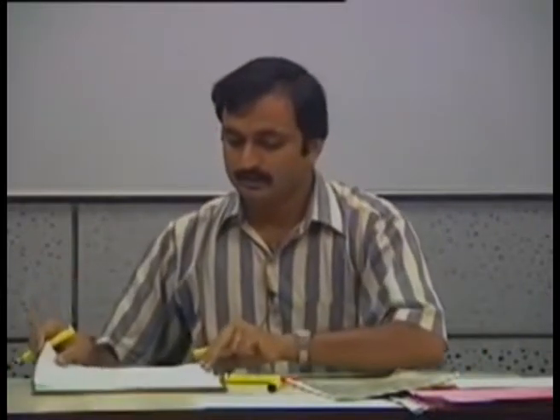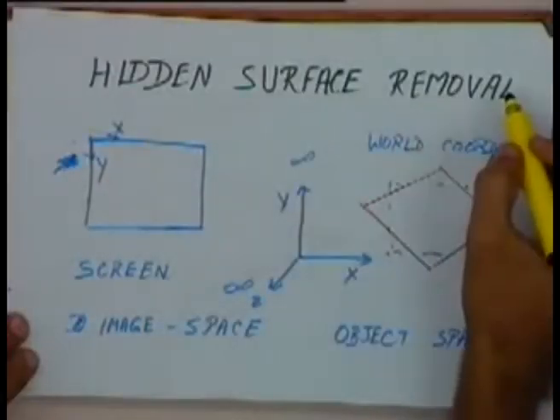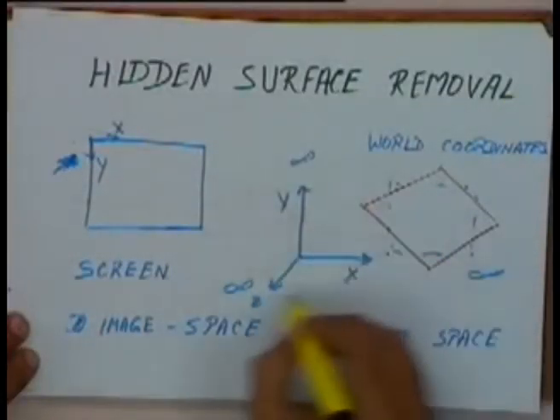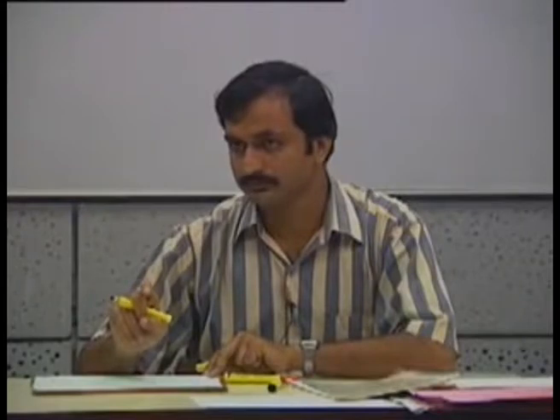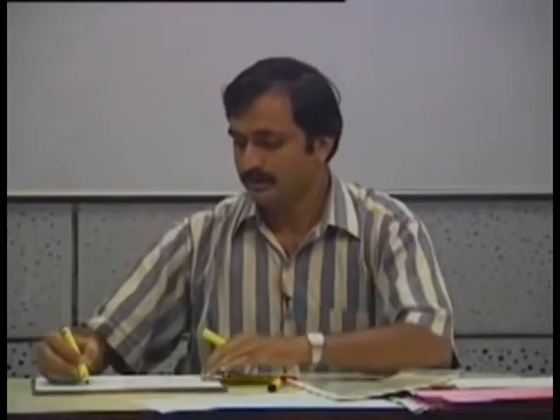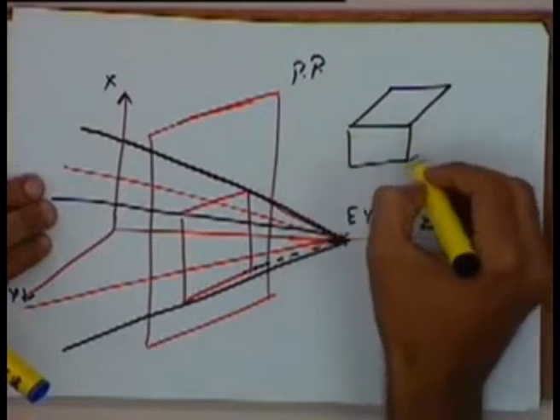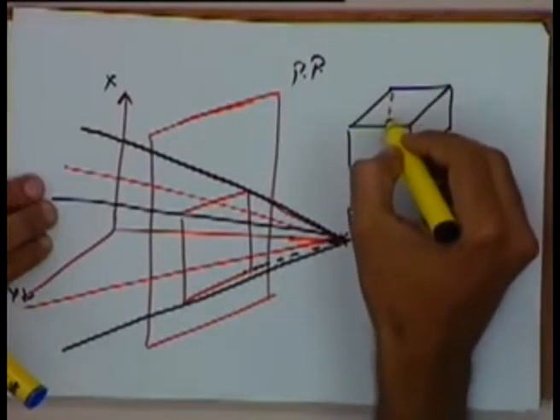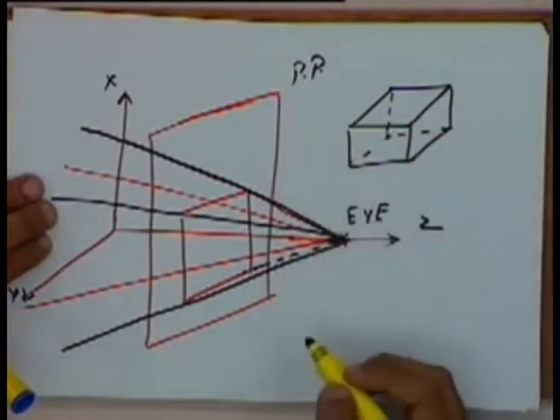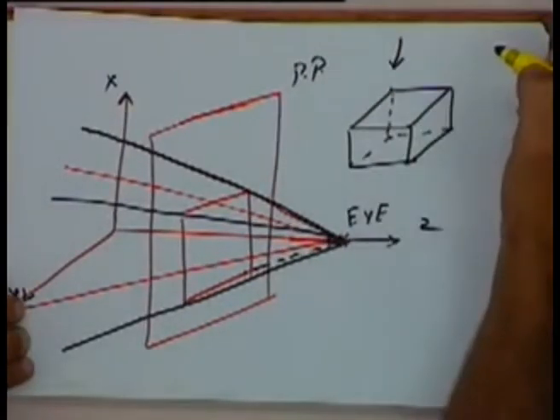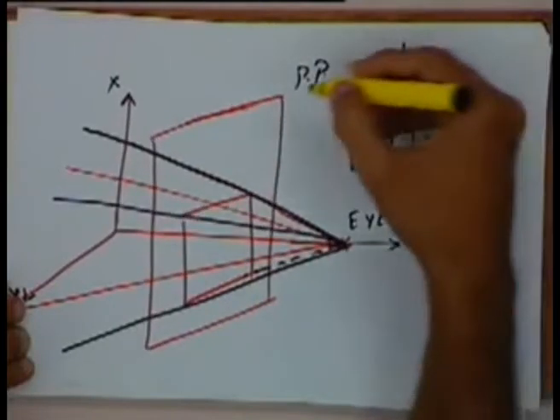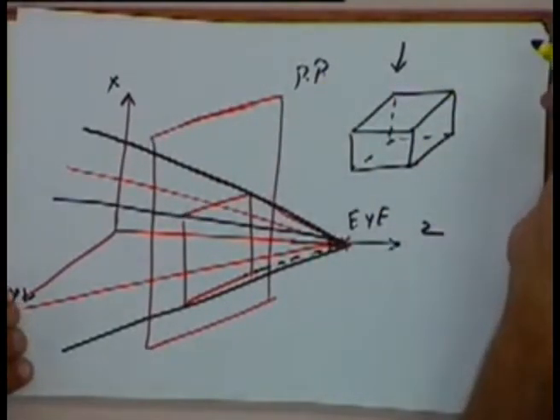Is that alright? That is why whenever we are talking of hidden surface removal, whether we are talking of the world coordinates or the screen coordinates, we are always talking with respect to a specified viewing direction. If we have an object like this, and I am looking at it from that side, then the set of planes which will be visible will be totally different.